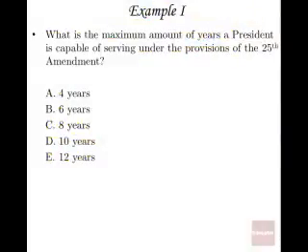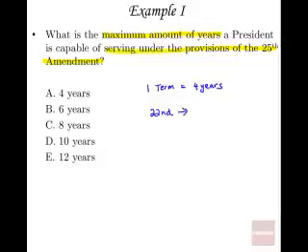Example number 1. Let's take a look at this question. What is the maximum amount of years a president is capable of serving under the provisions of the 25th Amendment? So let's list some basic facts. 1 term equals 4 years. A president under the 22nd Amendment can serve 2 terms, or 2 terms plus under half of 1 term.